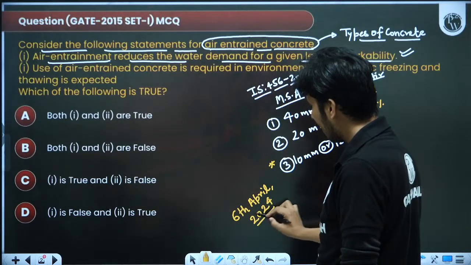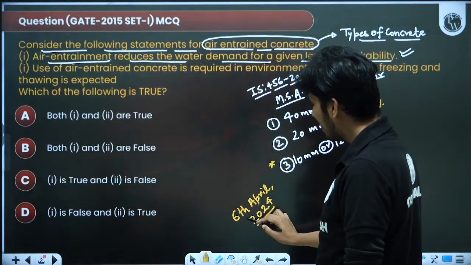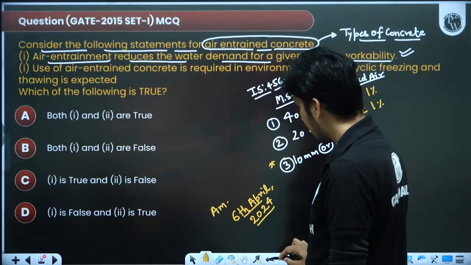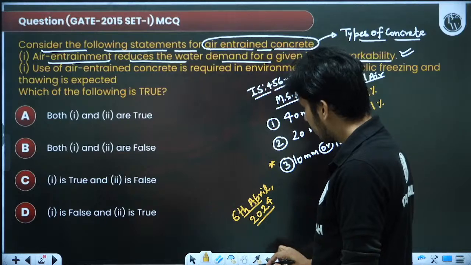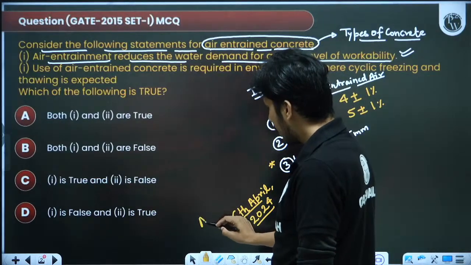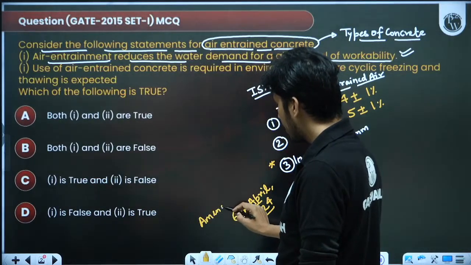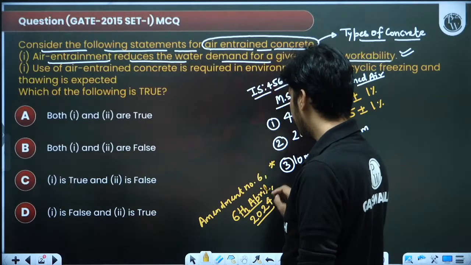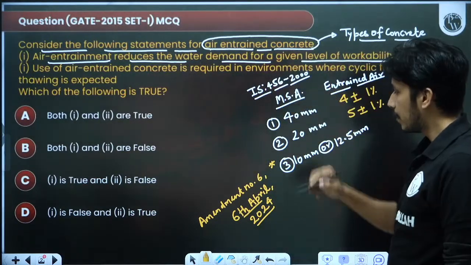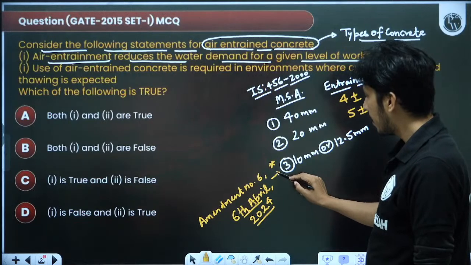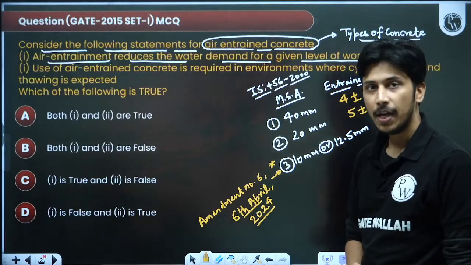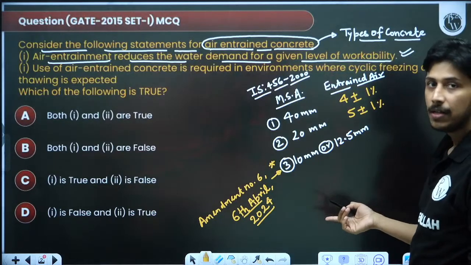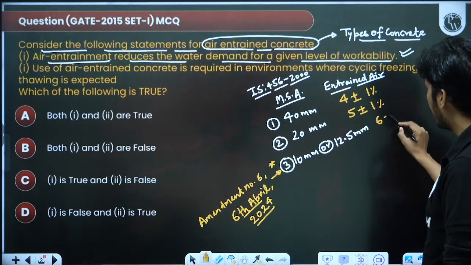Why is this day important? Because on this day, amendment number 6 has come in IS 456-2000. So this amendment came on 6th April 2024, and they have also added 10 mm and 12.5 mm aggregates, and for this they have told the entrapped air is 6 plus minus 1%.